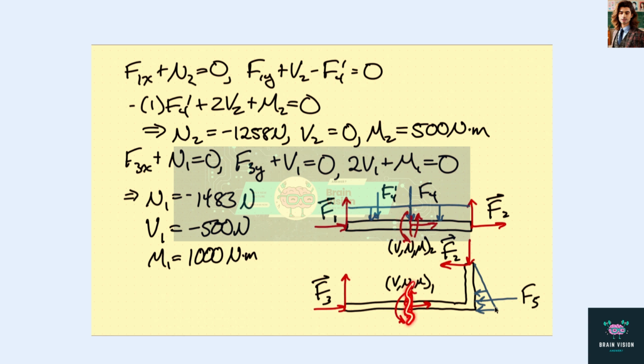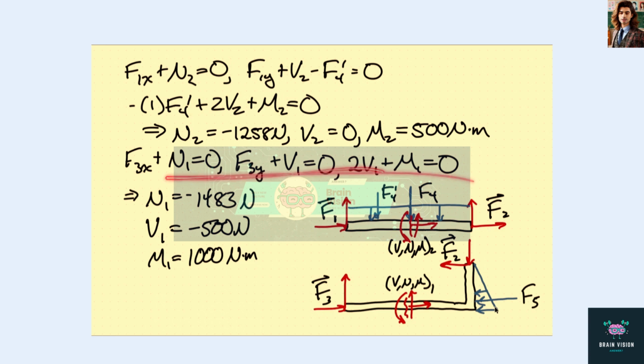For this cut, for problem 38, we have F3x plus N1 equals 0. Again, we're just looking at this section. And F3y plus V1 equals 0. And this distance here is 2 meters, so we have 2V1 plus M1 equals 0.